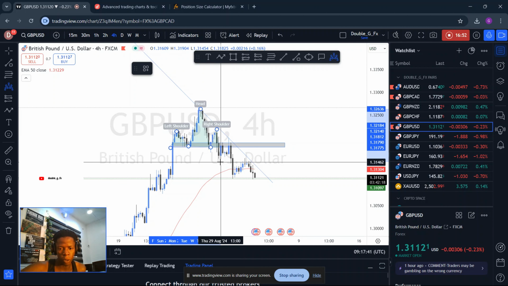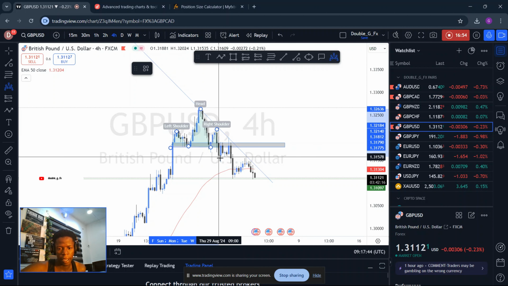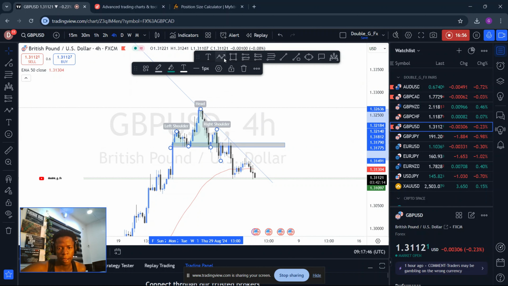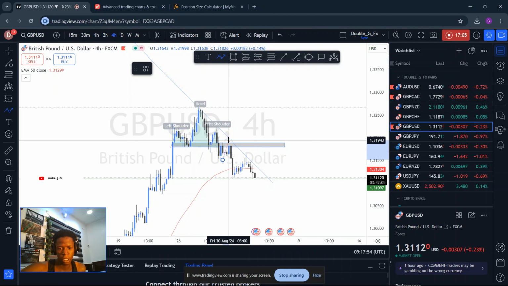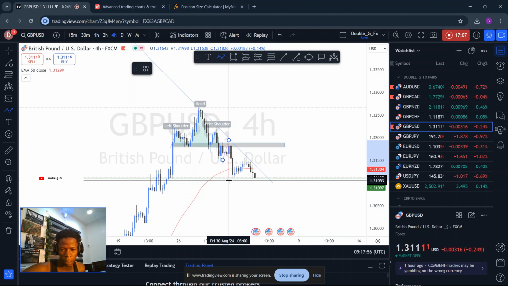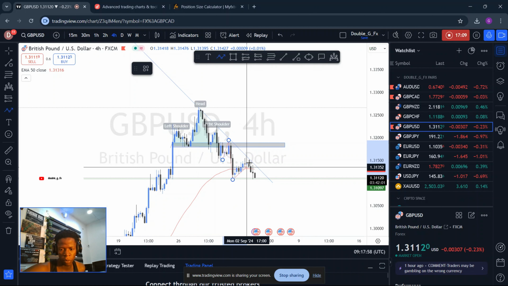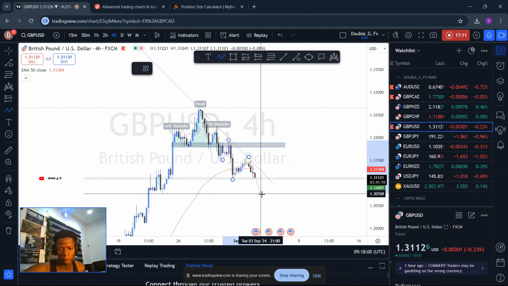Boom, it broke below it. Came back all the way here. We tested this neckline, then another shift in structure. Price came up, and look at price going down, down, down, down.